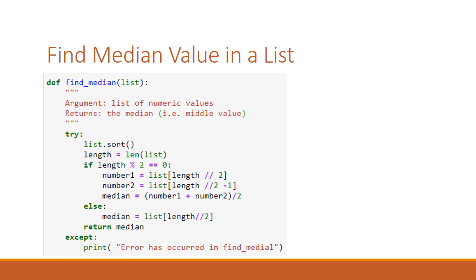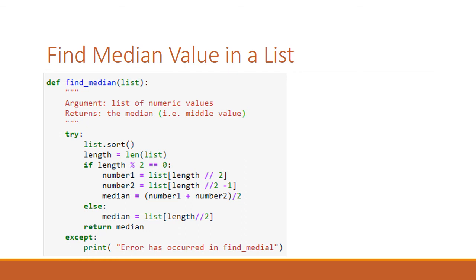Note that we use a verb object to make it clear what the job description of this function is. The parameter into this function is a list, and we expect this list to be a list of numeric values, and we're going to return the median or the middle value.